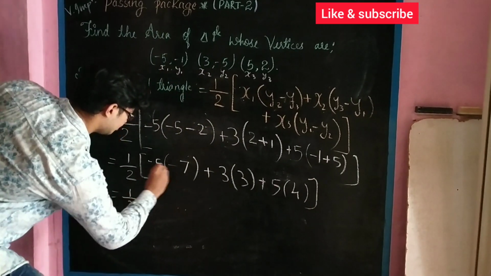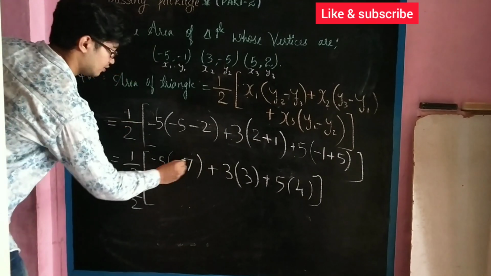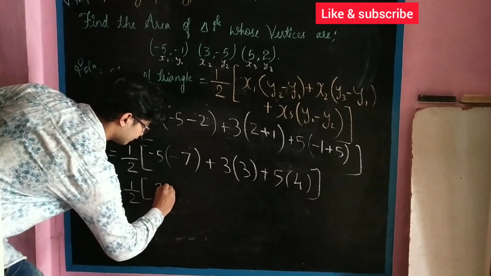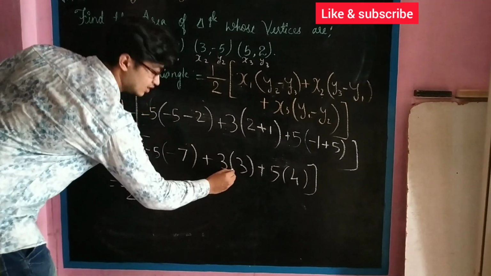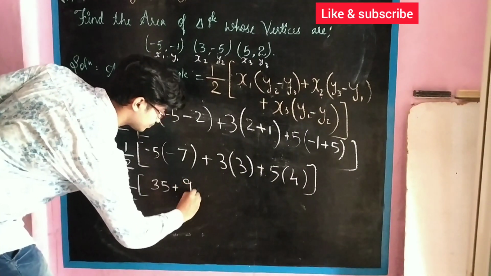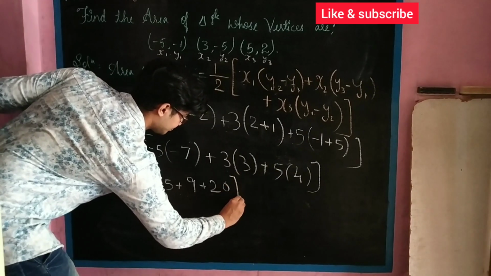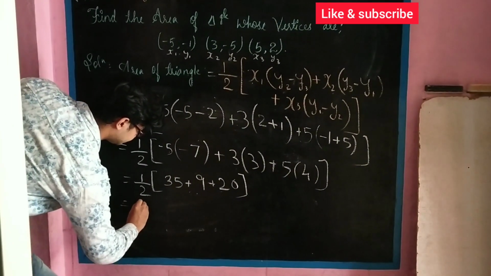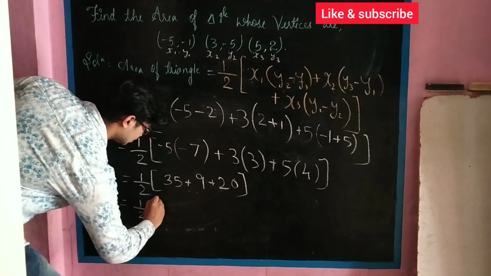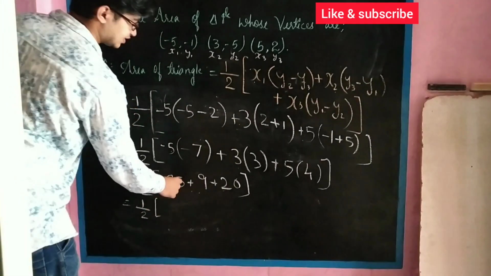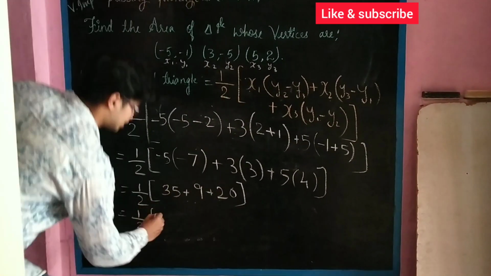Half into minus 5 sevens are 35, plus 3 threes are 9, plus 5 fours are 20. Okay friends, now add it. 35 plus 9, 44. 44 plus 20, 64.